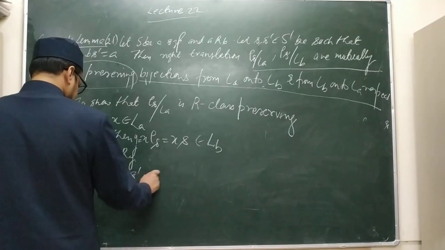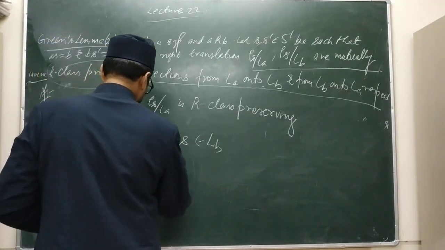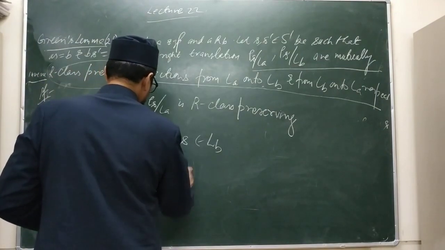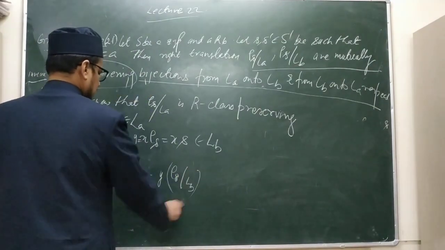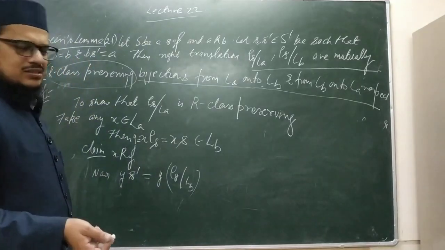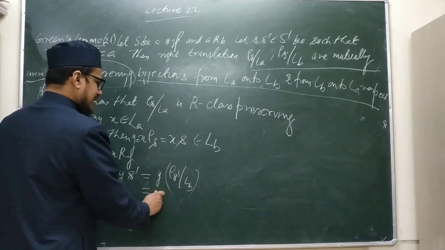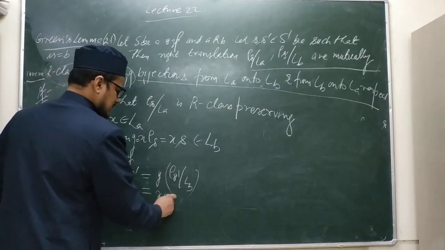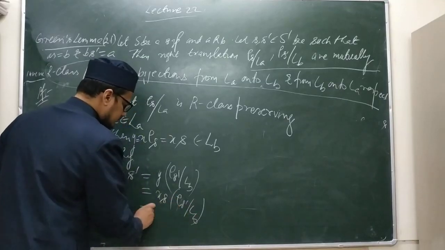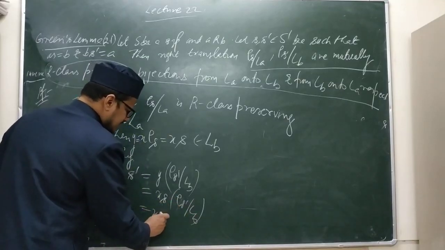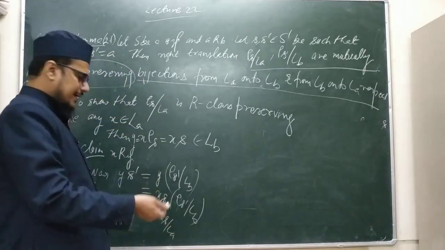So now what we have to do now, calculate y s dash. Y s dash is what? Y s dash is basically y rho s dash by LB. We can write like this because rho s dash by LB is the right translation. Now y can be written as xs rho s dash by LB. It means we can write like this: rho s by LA. Xs is what? X rho s by LA.